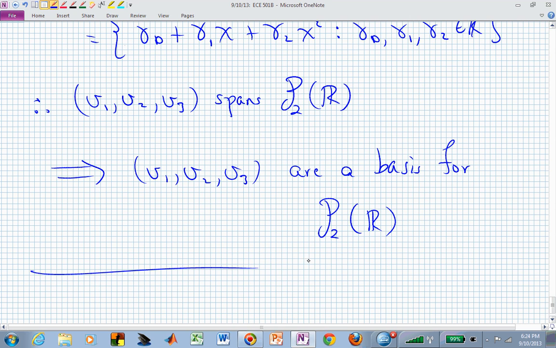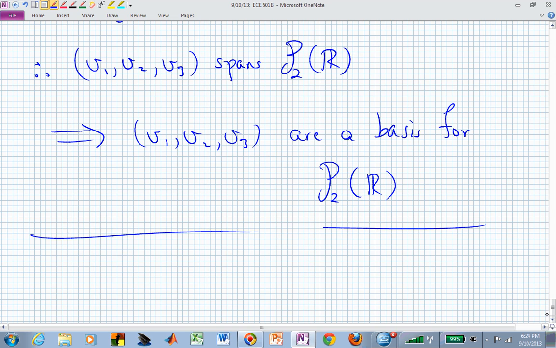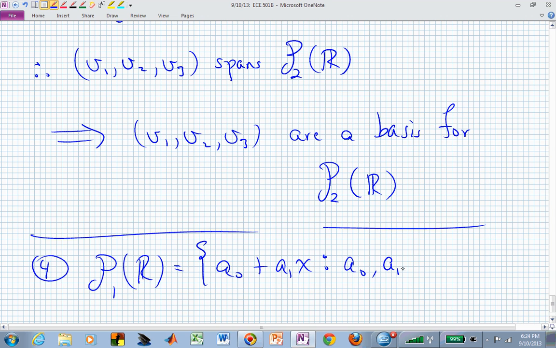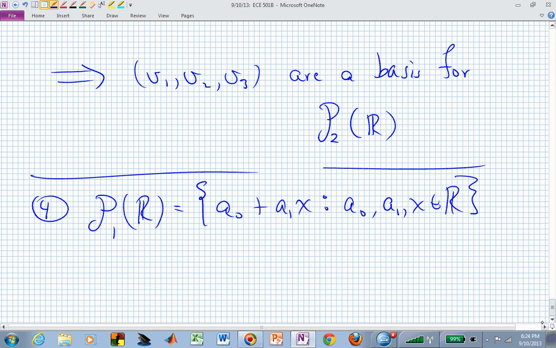Another example, playing with polynomials, let's not go quite so elaborate. Let's just look at first order polynomials, which says that now we have this set a sub 0 plus a1x with a sub 0, a1, and x belonging to this field of real numbers.